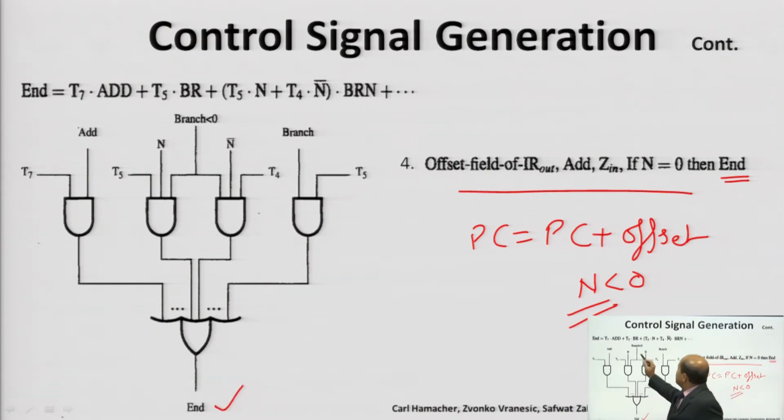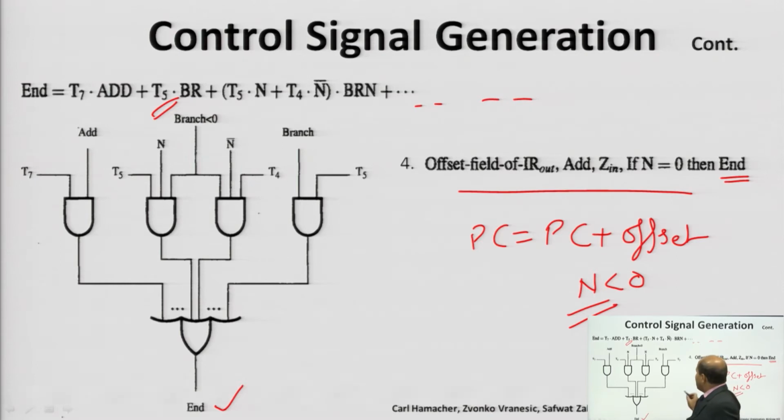So, this way we can understand the architecture for the End signal. You can see T7, the 7th step, was used for generating the End signal, and the 5th step in case of unconditional branch, and in case of conditional branch T5 dot N plus T4 dot N complement, and so on.